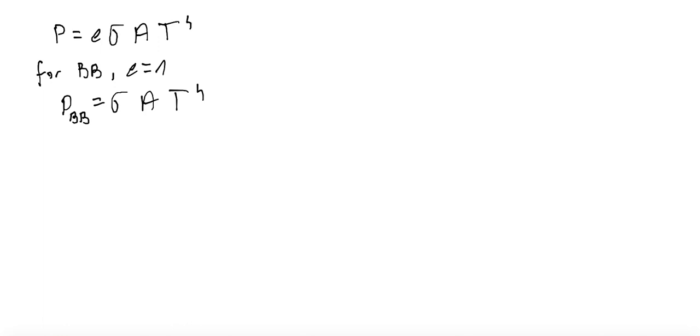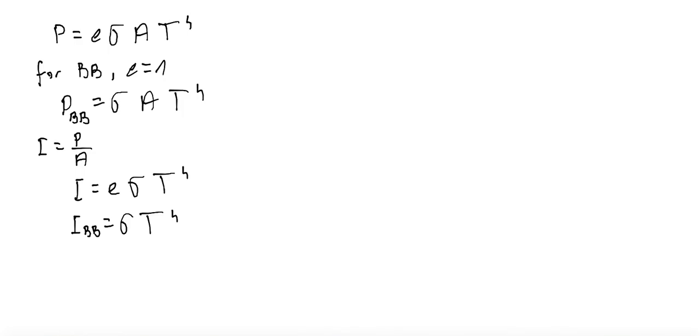Okay? We're talking also about intensity. Intensity is power over area, so we can write that intensity of the object is emissivity sigma T to the power of 4, or for black body sigma T to the power of 4, which means that both power and intensity are proportional to the fourth power of temperature in Kelvin scale.